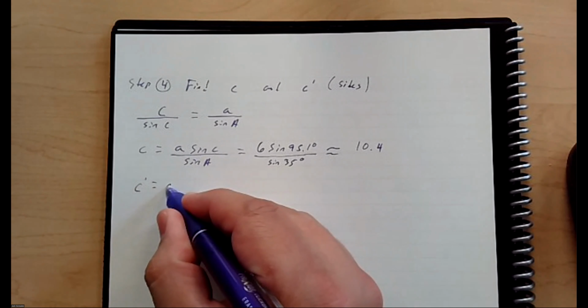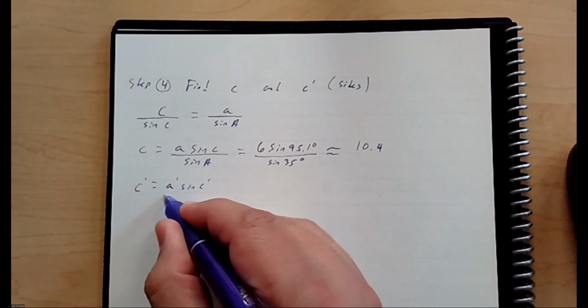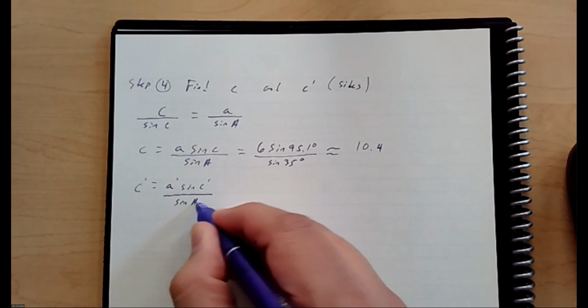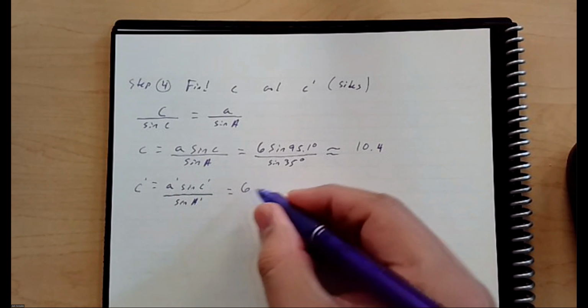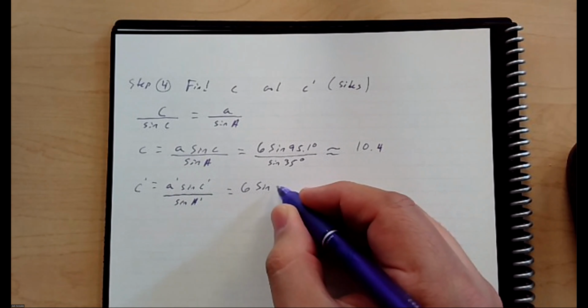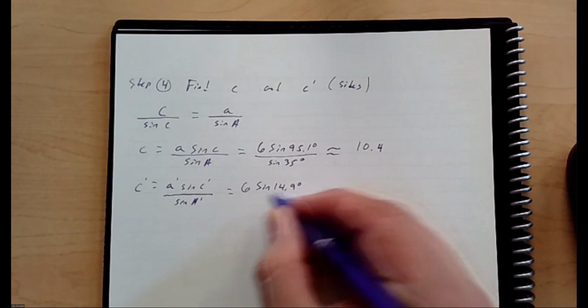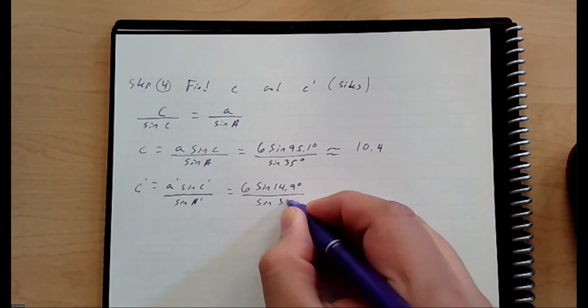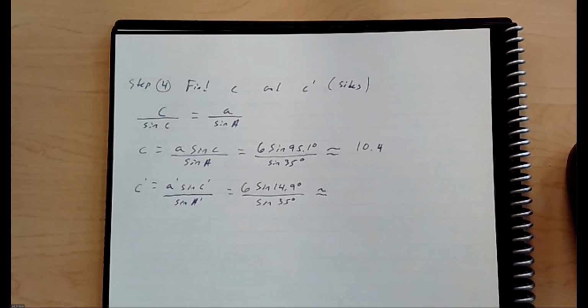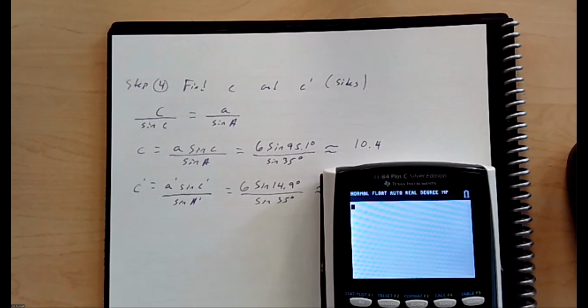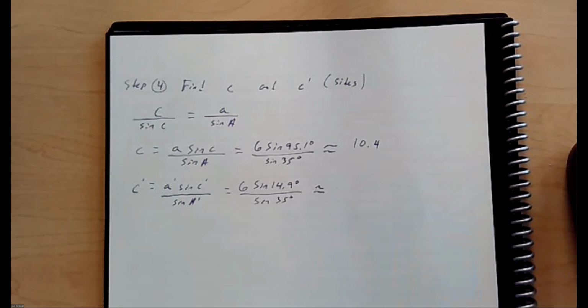C prime will be A prime sine C prime over sine A prime, which is 6 sine of 14.9 over sine 35. That's 2.7.